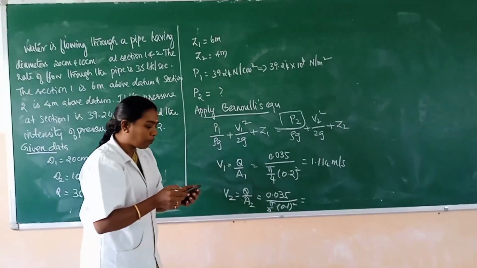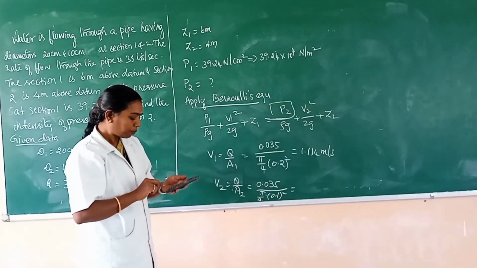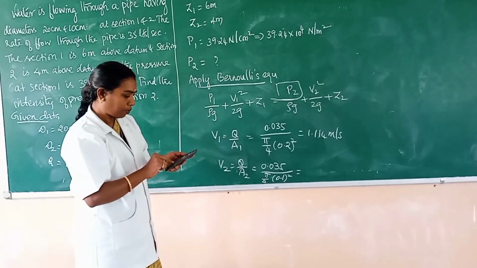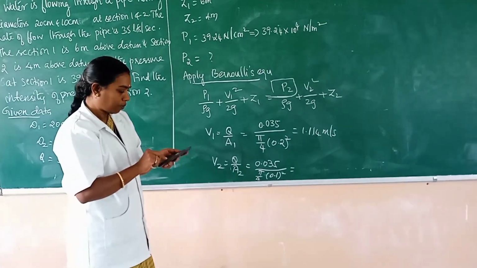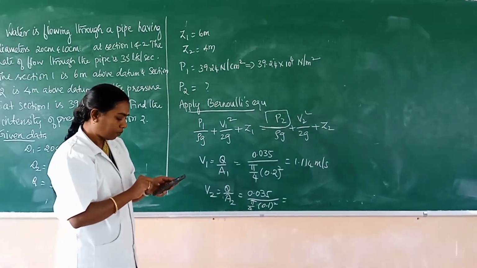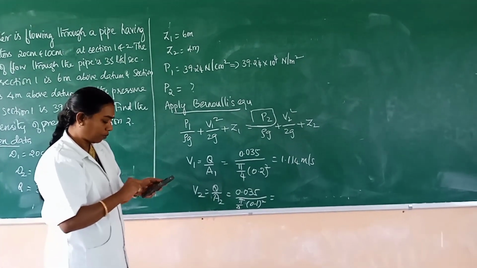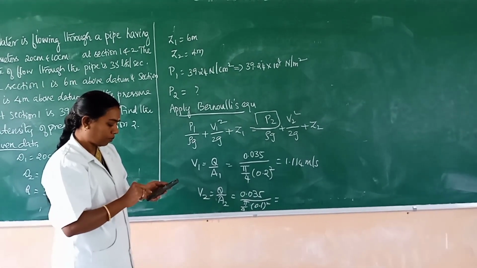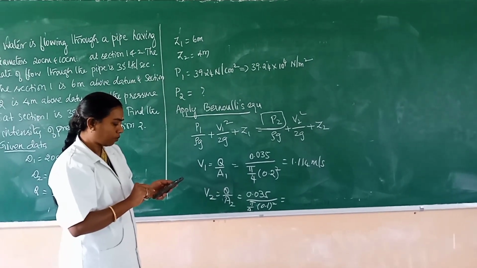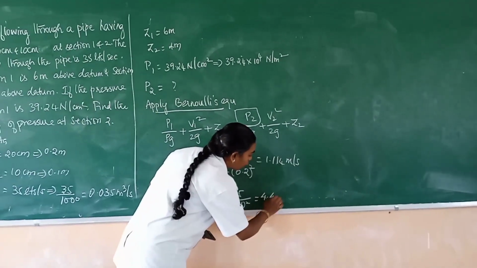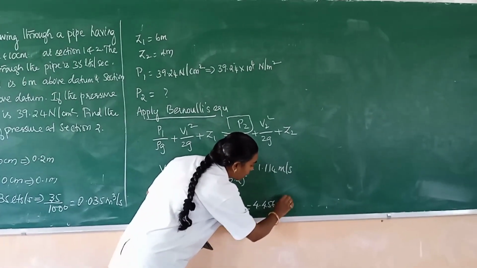When we multiply, we get 4.456 meter per second.